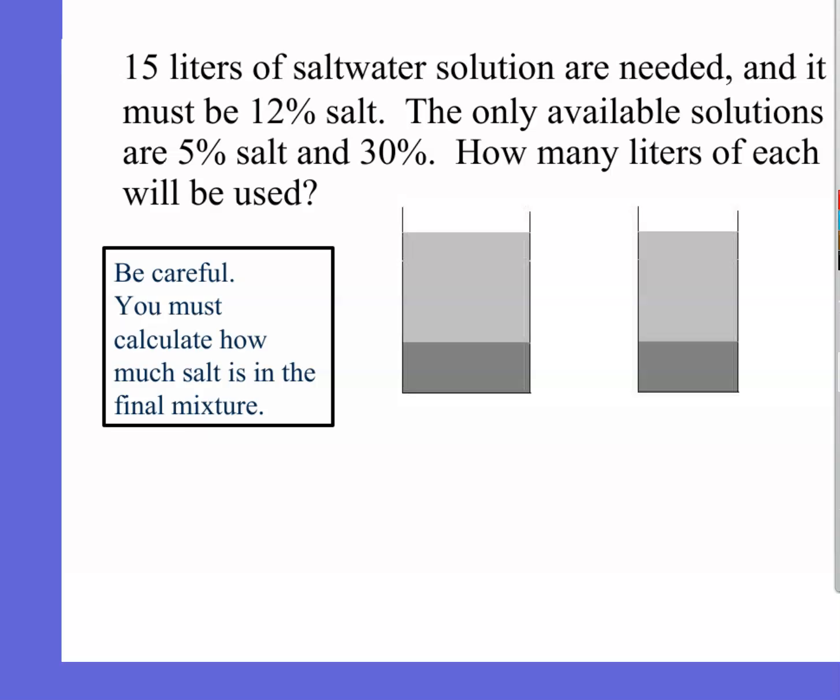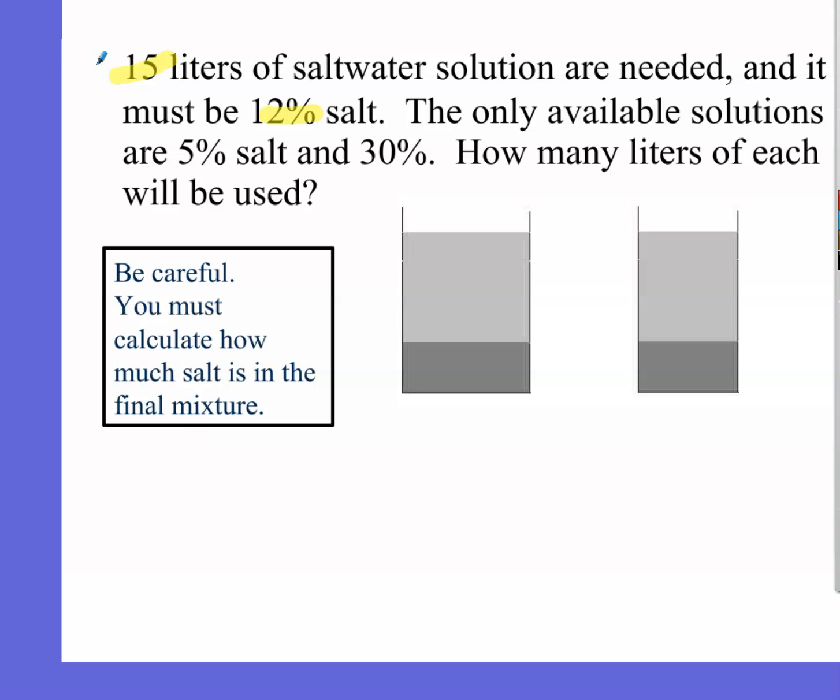Well, on this problem, I'm not going to be telling you that. I'm not telling you how many liters of salt are going to be in the final mixture. All I've told you is that the amount of salt is 12% of the total.